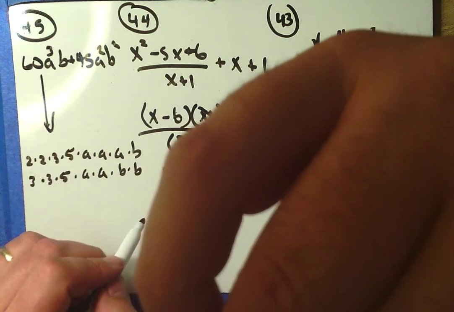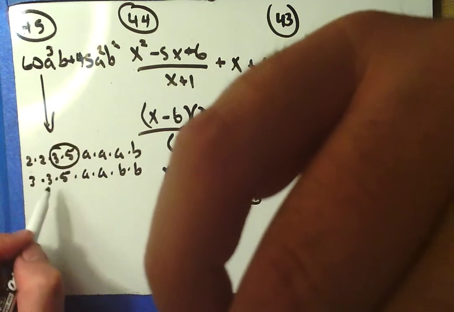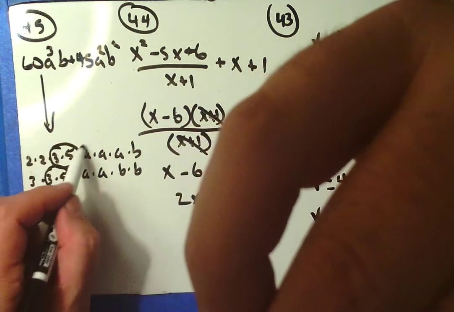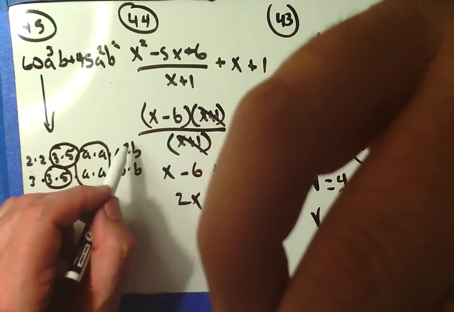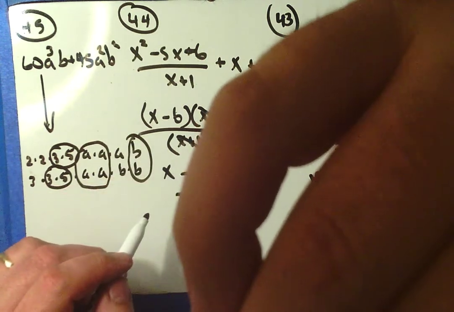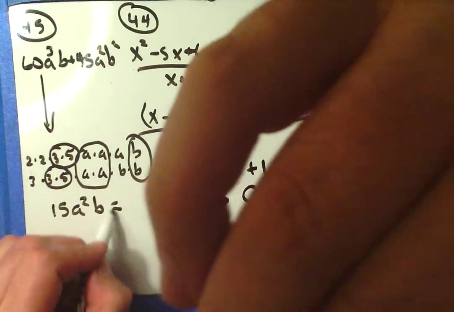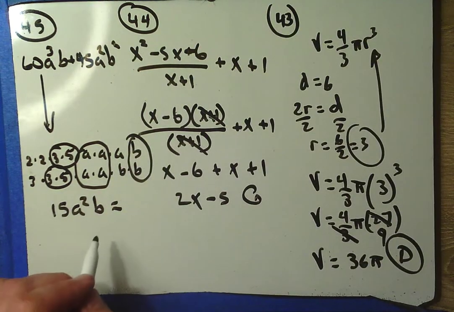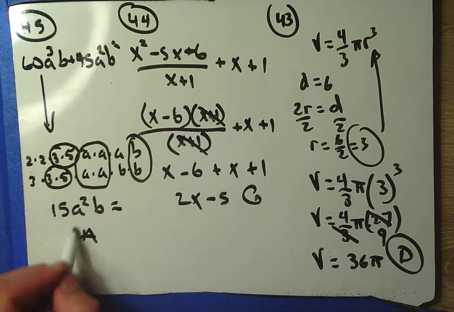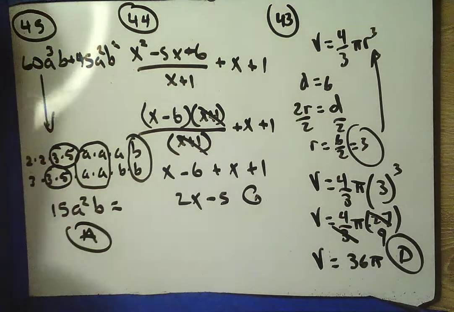So what do they have in common? Well, I can take a 3 and a 5 out of each. I can take an a squared out of each. I can take a b out of each. So 15a squared b is going to be my greatest common factor here, and that's choice A. Choice A for number 45.